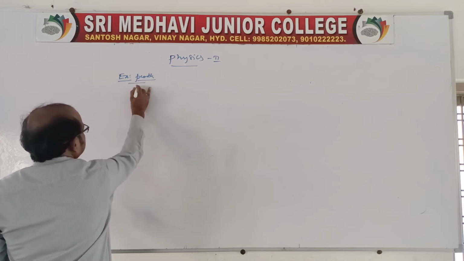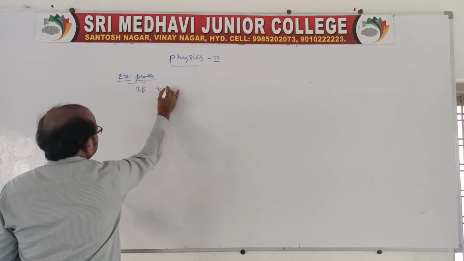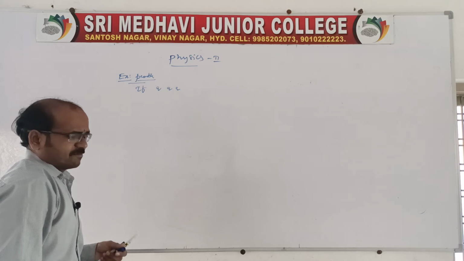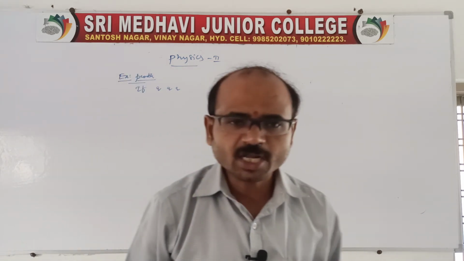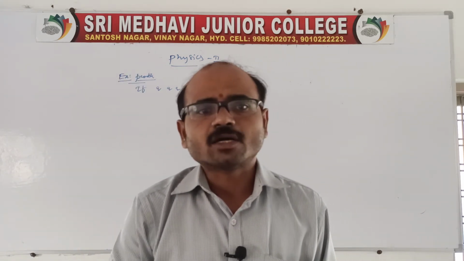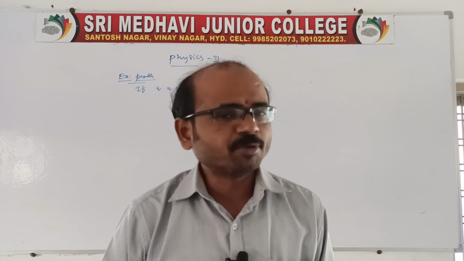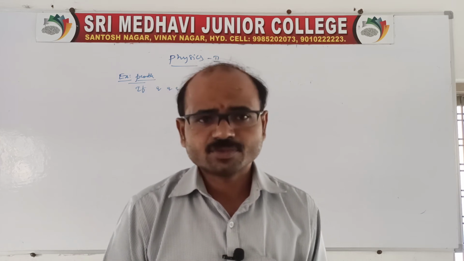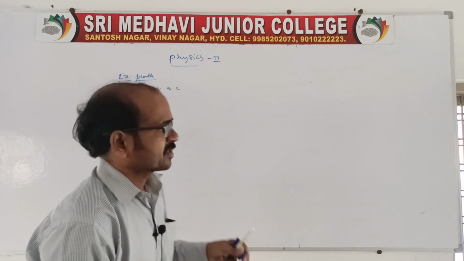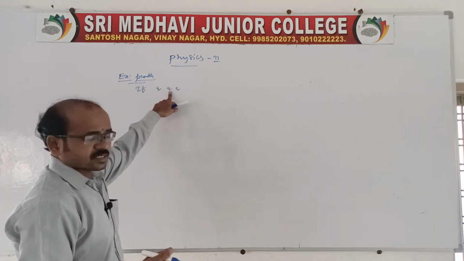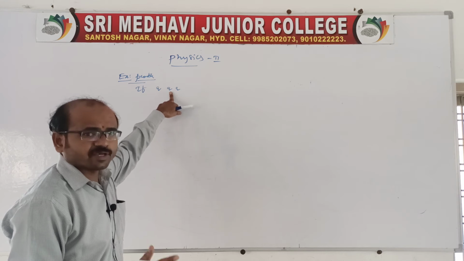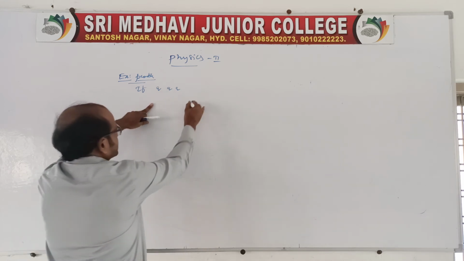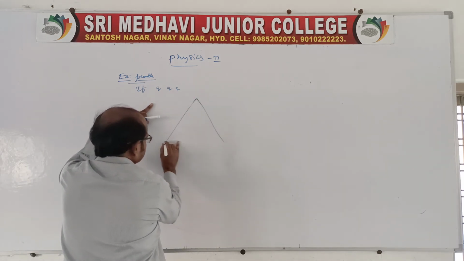If three identical charges q, q, q are placed at the corners of an equilateral triangle. Simple question. Again on the basis of this we have others also, like a square. So you concentrate on the question. Three identical charges are placed at the corners of an equilateral triangle.